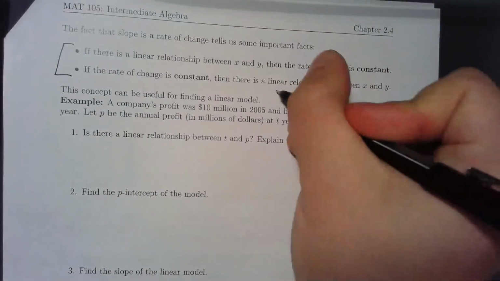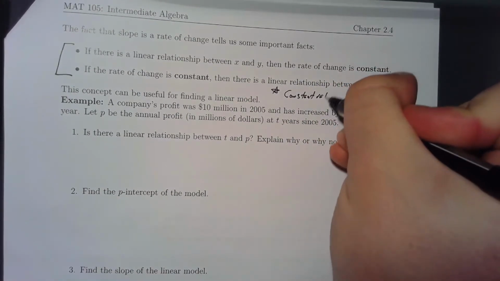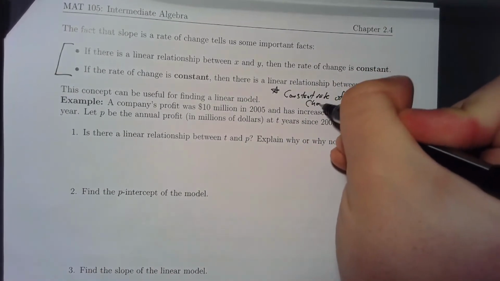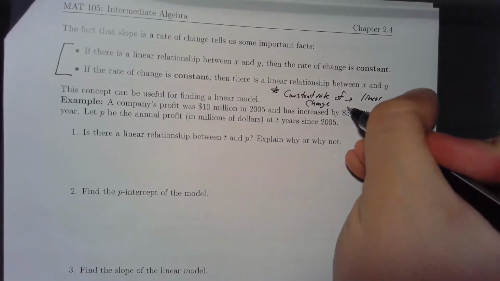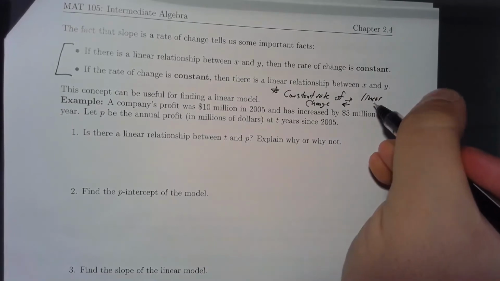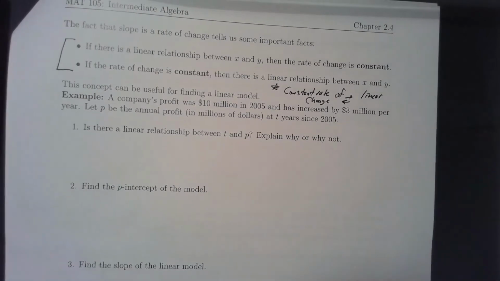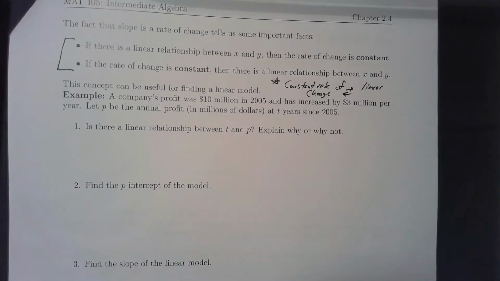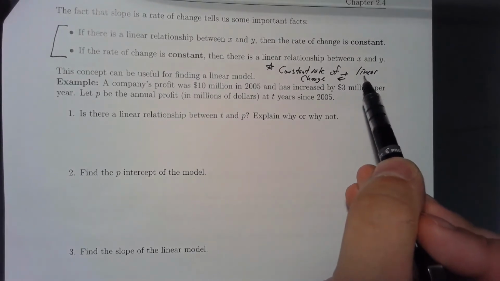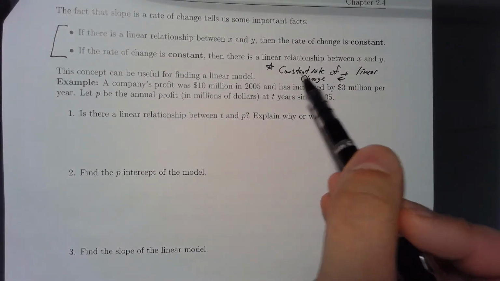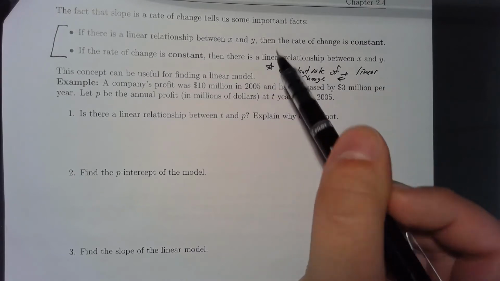So all this is saying is constant rate of change implies linear. And I could say the opposite: linear implies constant rate of change. You could say one or the other. That's all that's saying. In order for something to be linear, it implies that it's a constant rate of change. If it has a constant rate of change, then it's linear. I could go left to right or right to left with this statement.